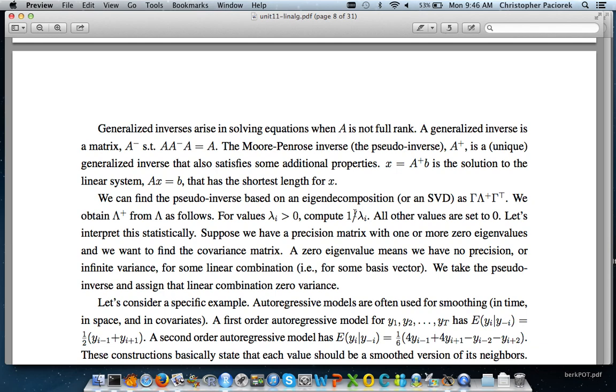Well, if I can't invert A, then I can't do this set of calculations. But what I can do is find X equals A plus B, and that's going to be the solution of the system that has the shortest length for the vector X.